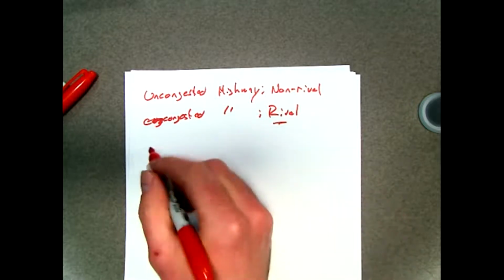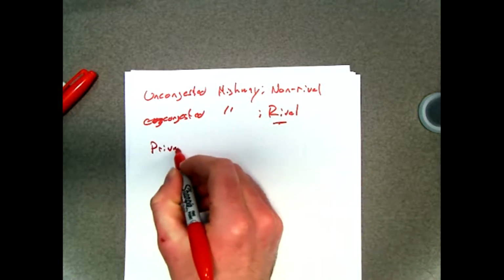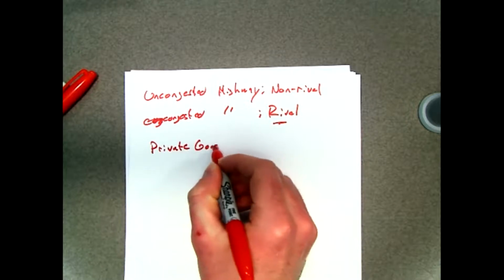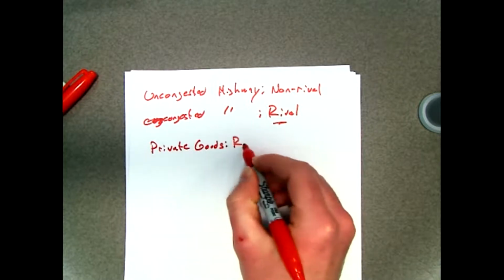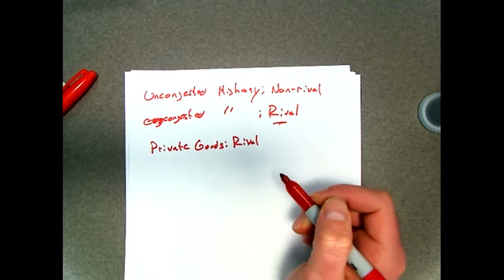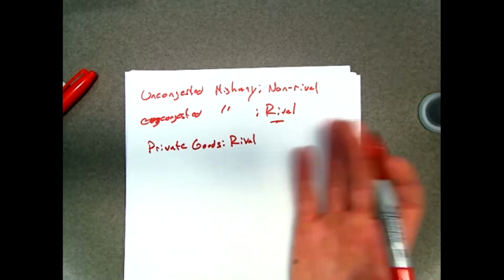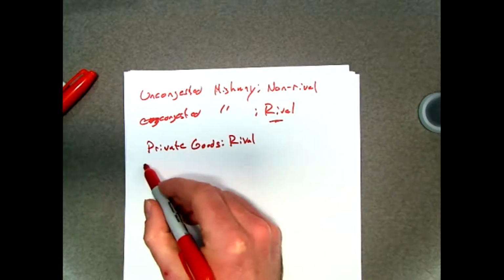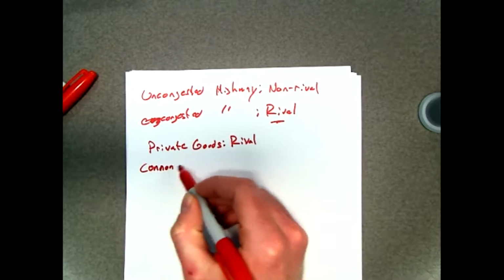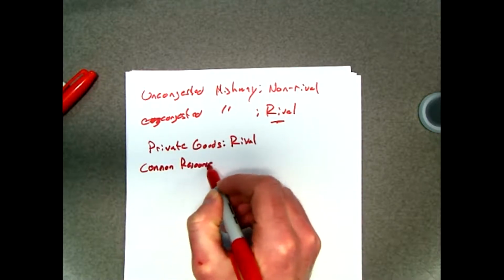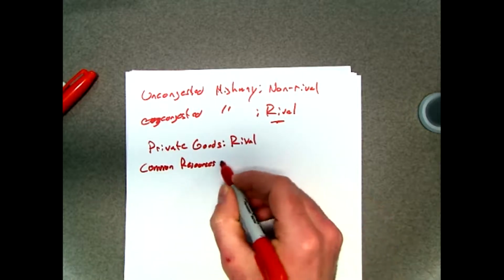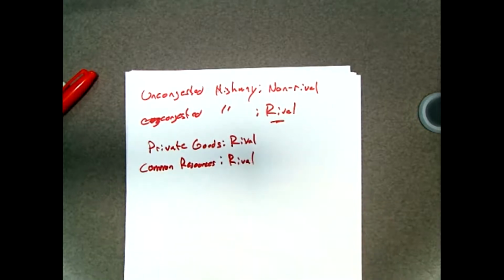So generally, we have private goods, which are rival. This would be anything that you buy during the day. Think about any food item. Once you buy it and it's consumed, no one else is consuming that fast food burger or whatever it is. We also said that common resources are also rival. This is any natural resource like deer or coal.